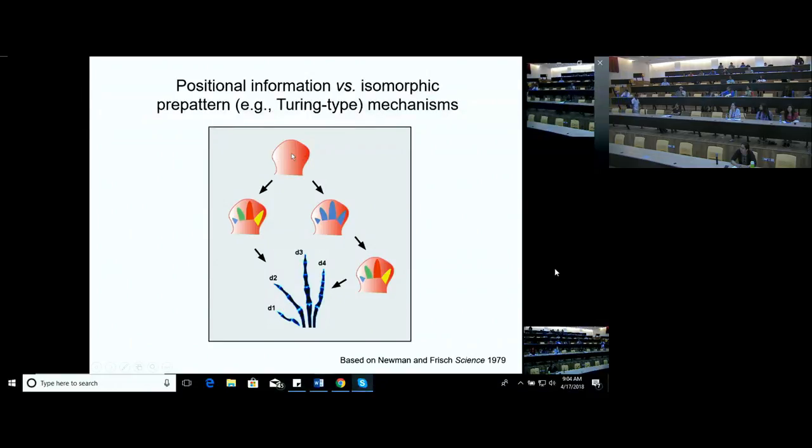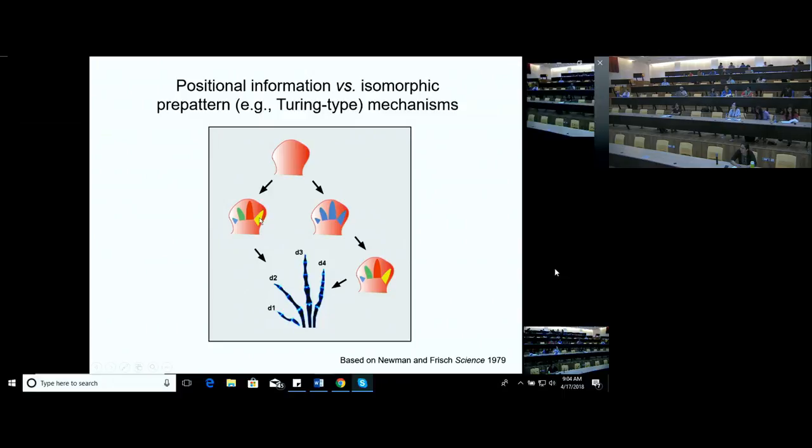And the earlier approach, the more cybernetic approach, said that every cell is like a little computer program. Its genome is a program. It has a representation of all the parts of the body in it. And all that's needed is some kind of a gradient shown by this shaded region here.